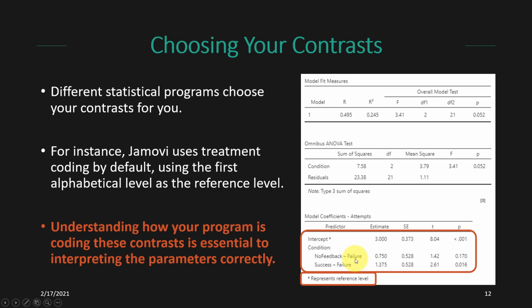You can see that the no feedback condition relative to the failure condition is not a statistically significant difference, but the success condition relative to the failure condition is a statistically significant difference, with a p-value of 0.016. However, we really don't want to delve into the interpretation of these individual coefficients too much because, as a set, we didn't actually have a statistically significant reduction in the variance here.